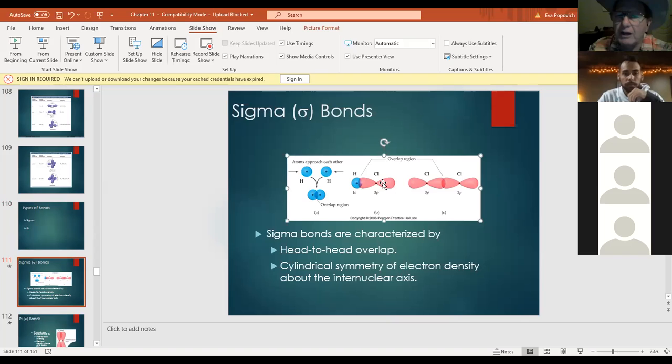So if I have a sigma bond, if I get a hydrogen directly hitting another hydrogen, that's along the axis plane of the bond. That's what happens with the sigma bond. It's a head-on overlap. Same thing with hydrogen and chlorine or 2 chlorines. Head-to-head interaction.